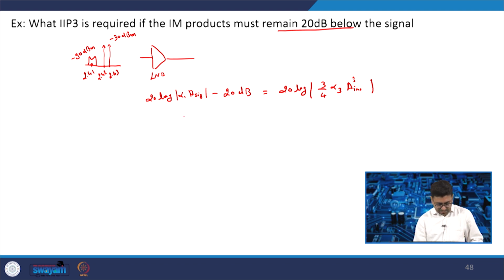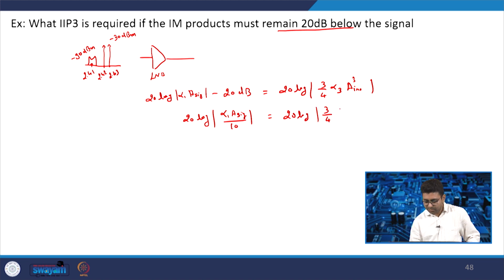We can again rewrite the same equation: 20 log alpha 1 A signal by 10, we take this term inside the log, 20 log of 3 by 4 A intermodulation cube. Then you will get alpha 1 A signal by 10 equal to 3 by 4 alpha 3 A interferer cube.